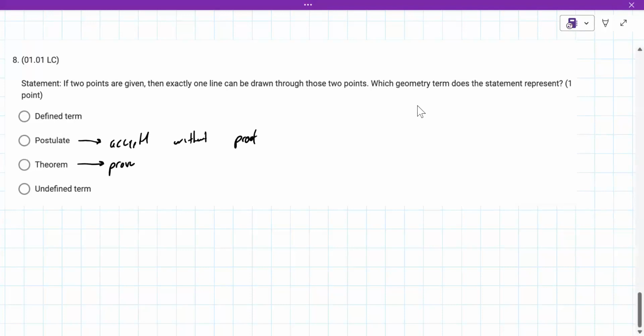So it would be a postulate for this one, because it's just saying that if 2 points are given, exactly one line can be drawn. We're not proving it, we're accepting that it's true. That sounds reasonable to me, although it's an odd question. It would be better if the textbook or your resources gave you definitions and said this is a definition, this is a postulate. That's how it would be best to answer this, is to go in and look for those things.